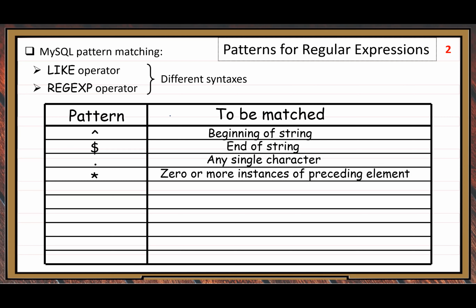You describe some special pattern first, and then how many times you would like to repeat this sub-pattern. If you see a star after it, it means 0 or more instances of the preceding element.